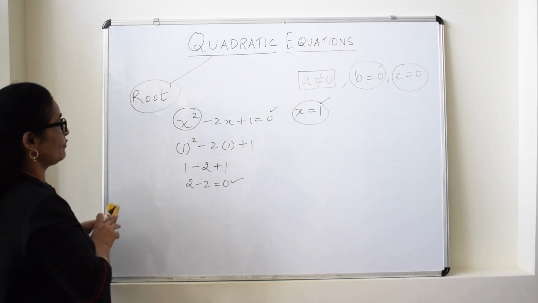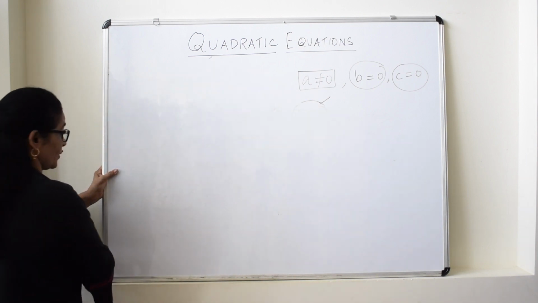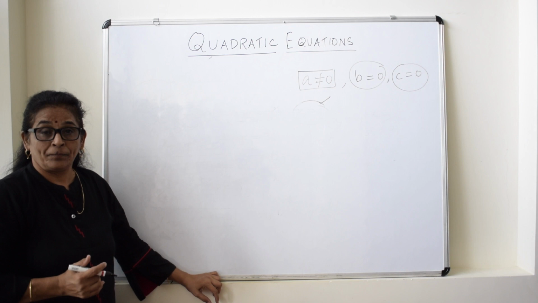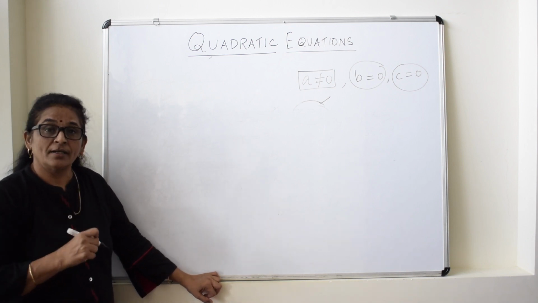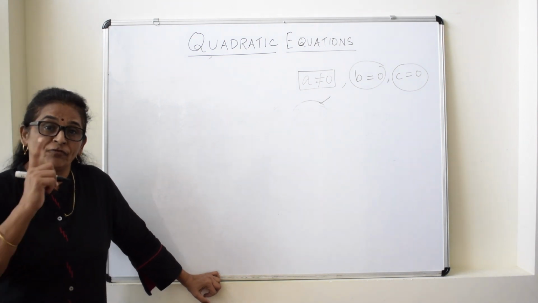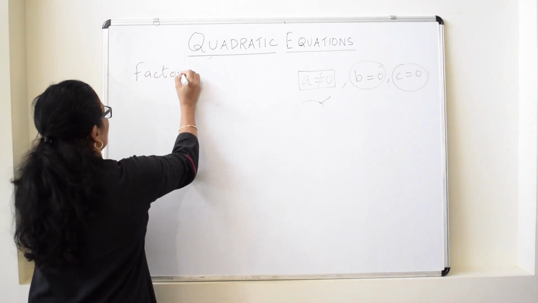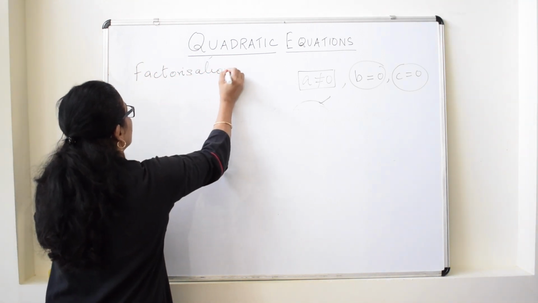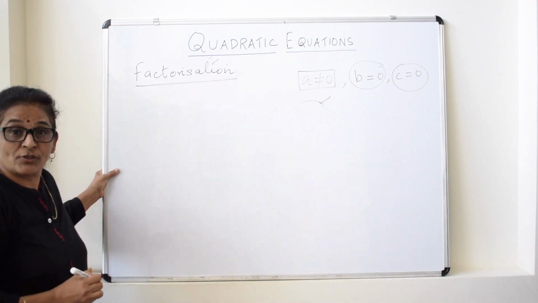Now we will come to the topic, how to solve quadratic equations. There are two methods. First we will discuss the factorization method and second is by using the quadratic formula. So first we will solve the following quadratic equations by factorization method.